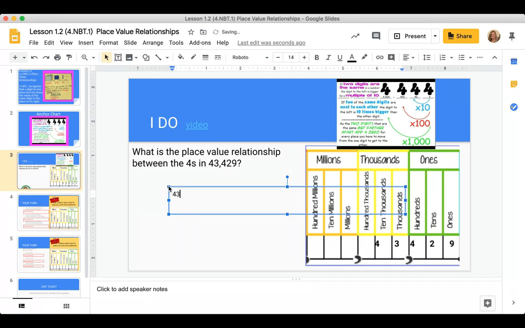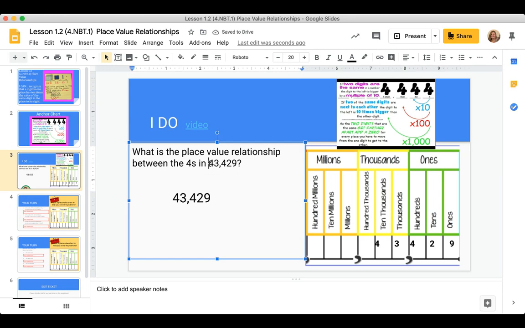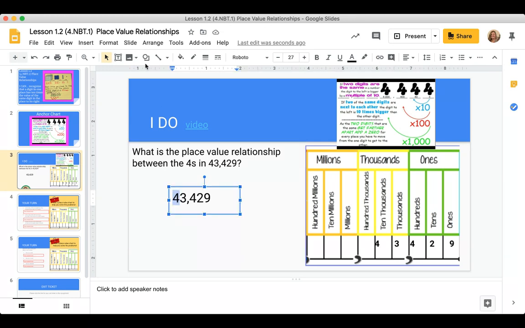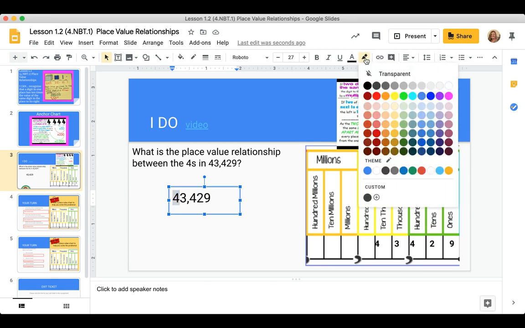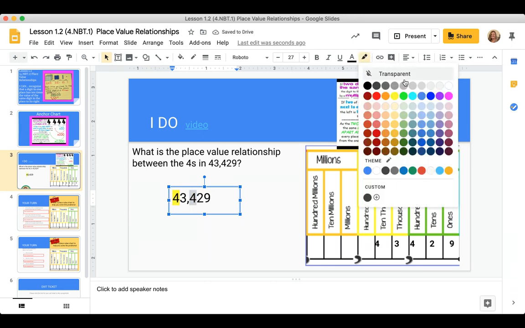Okay, so I'm going to rewrite that number here. We have 43,429. There are a couple different ways to look at the value of this number and how the relationships apply to the 4s in 43,429.